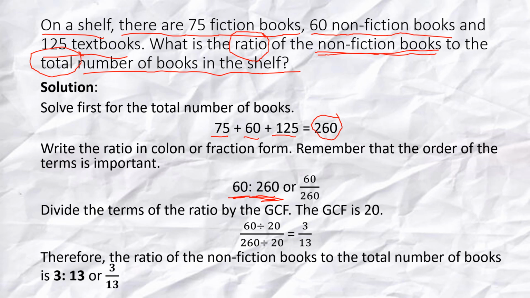Therefore, the ratio is 60 is to 260 in colon form, while in fraction form, it will become 60 over 260. Since we can still divide this ratio using the GCF 20, 60 divided by 20 is 3, and 260 divided by 20 is 13. The final ratio is 3 is to 13, or 3 over 13.